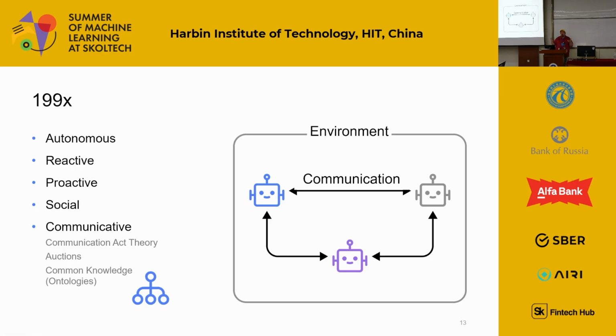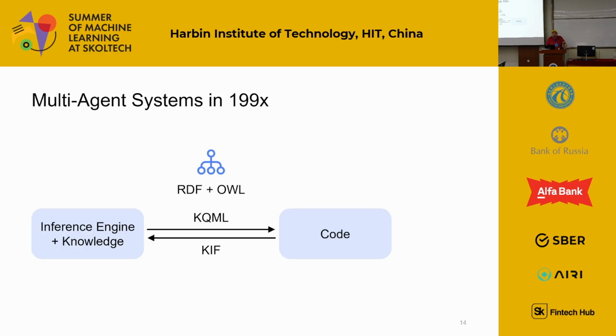So we need a way to define an ontology, a common vocabulary, common properties for that vocabulary for a certain domain. And that took a lot of efforts. So that's why multi-agent systems in the 90s were used, but not as much. They exchanged specific languages like KQML. They required ontologies to work.